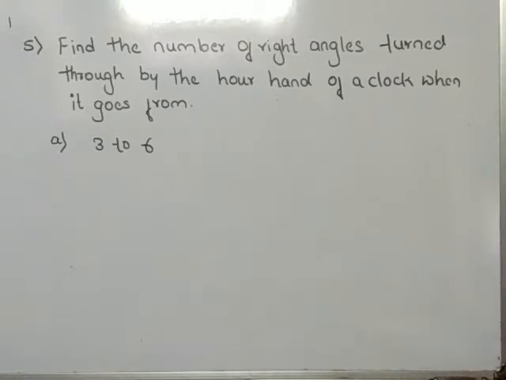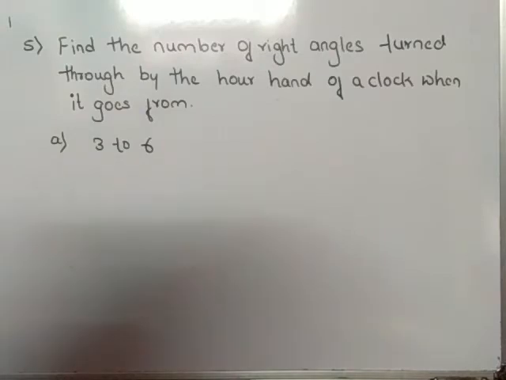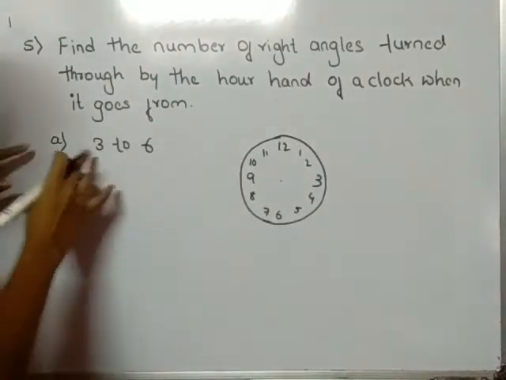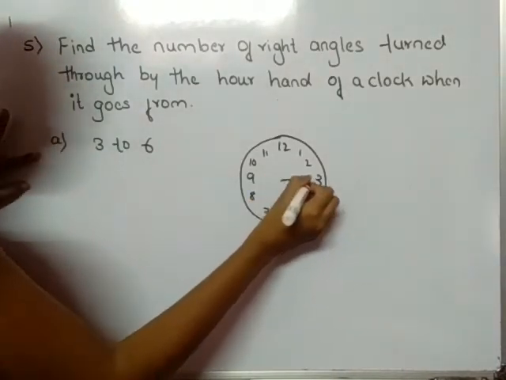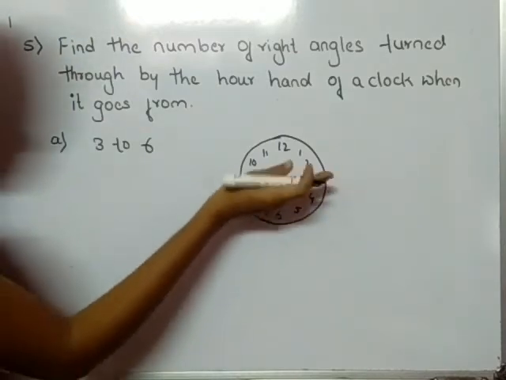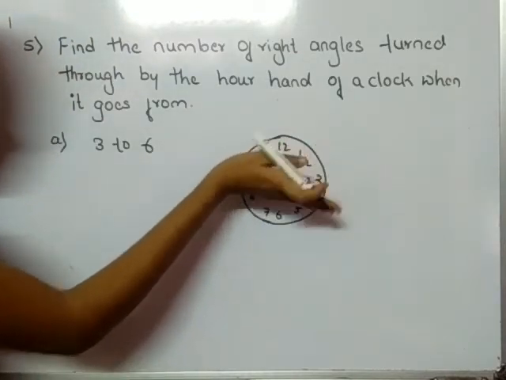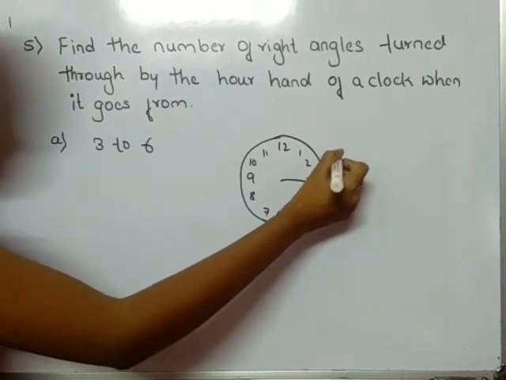Fifth main. Find the number of right angles turned through by the hour hand of a clock when it goes from 3 to 6. Here we need to find how many right angles are formed when an hour hand in a clock moves from 3 to 6. We'll take a clock here. First it is facing towards the 3, then it is moving in a clockwise direction, right?